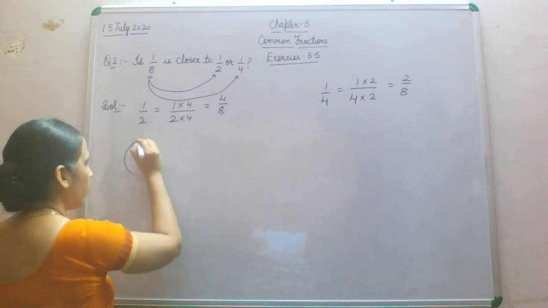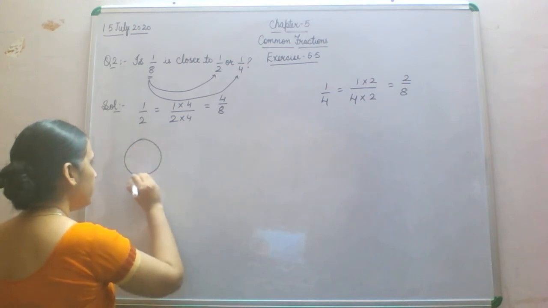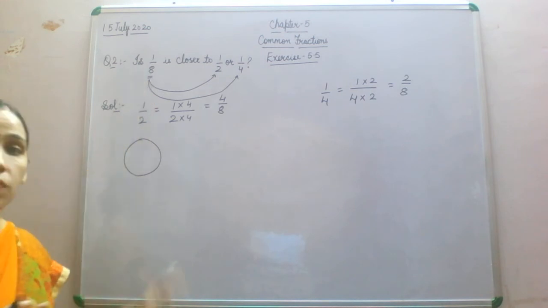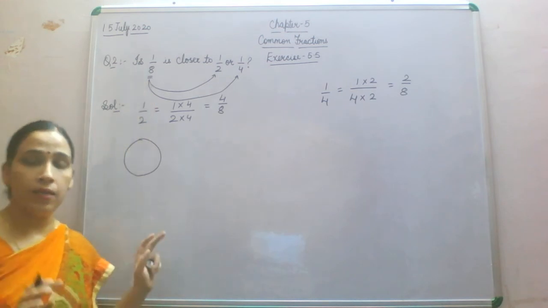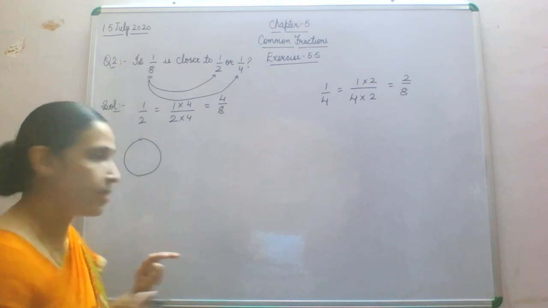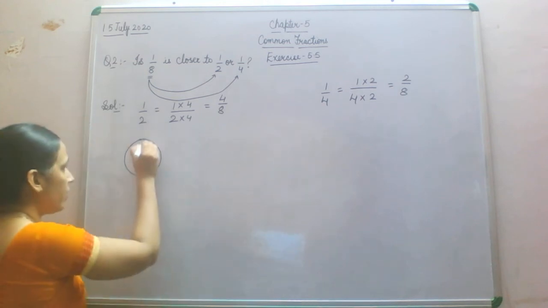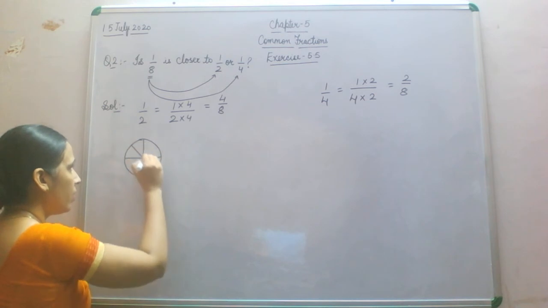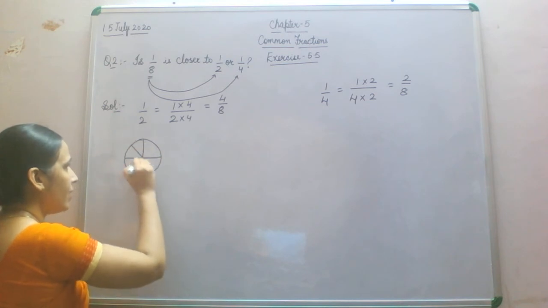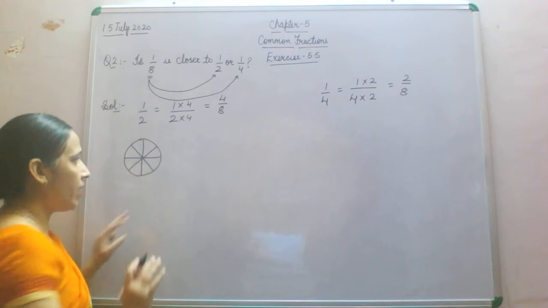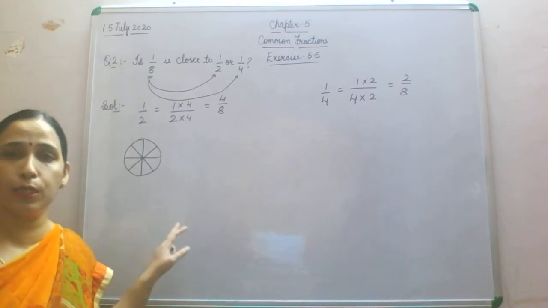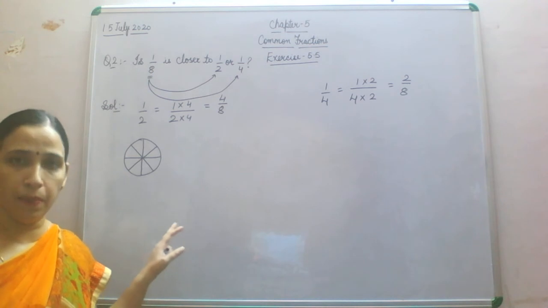Fine. We will take a circle, and for representing 1 by 8, we will divide that circle into 8 parts. So let's divide it into 8 parts: 2, 4, 6 and then 8. Now what we have done is we have taken one circle and divided it into 8 parts.